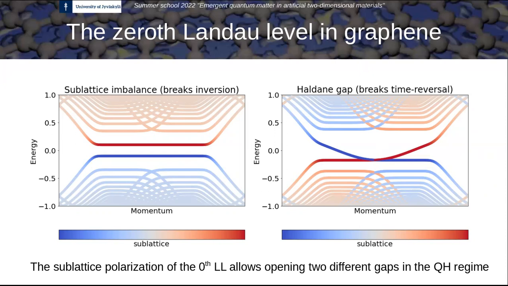And in this situation, what you see is that there's a full charge gap. So there's a correlated state in graphene monolayer in magnetic field that is a trivial insulator. There's no edge state. And this is, for example, the state that appears when you put graphene aligned with boron nitride and you apply a magnetic field.